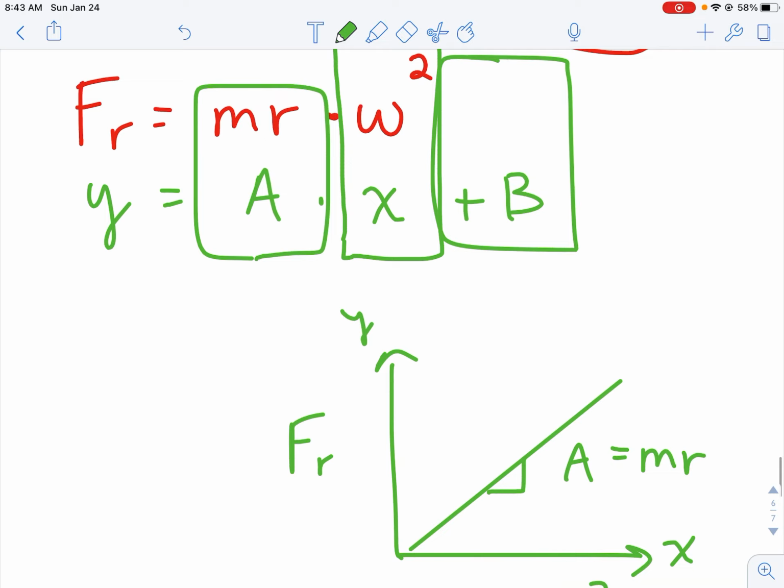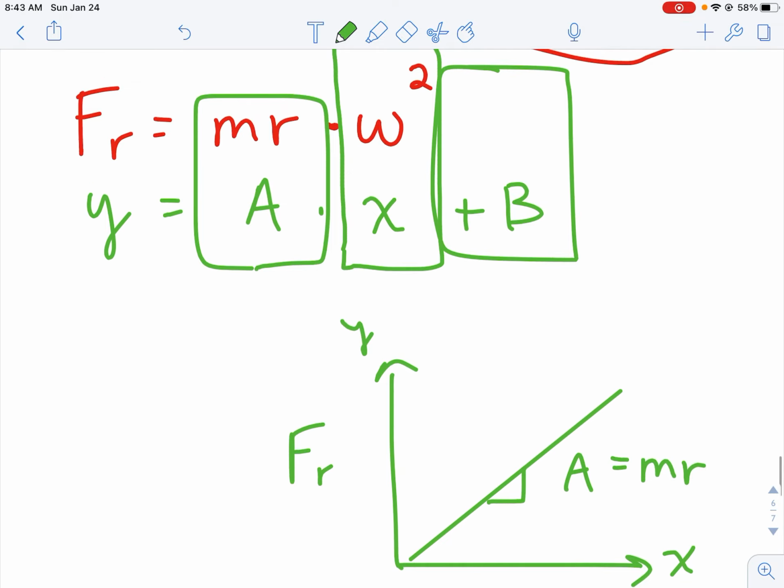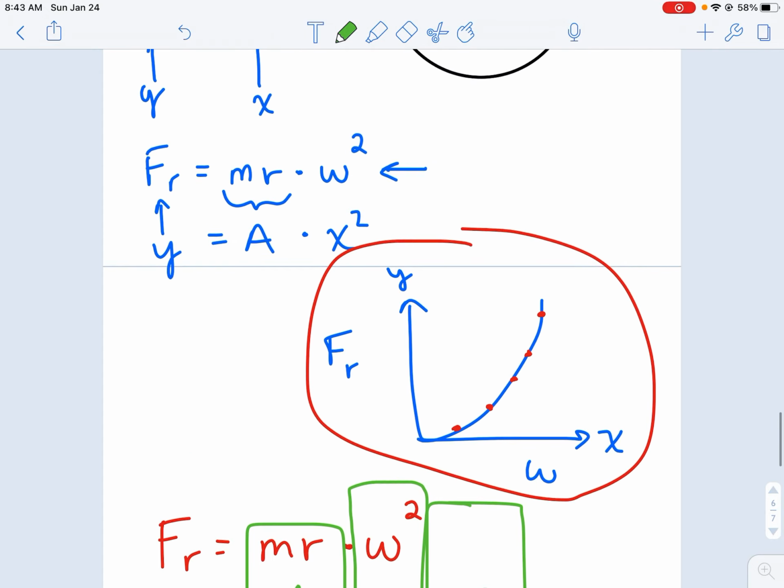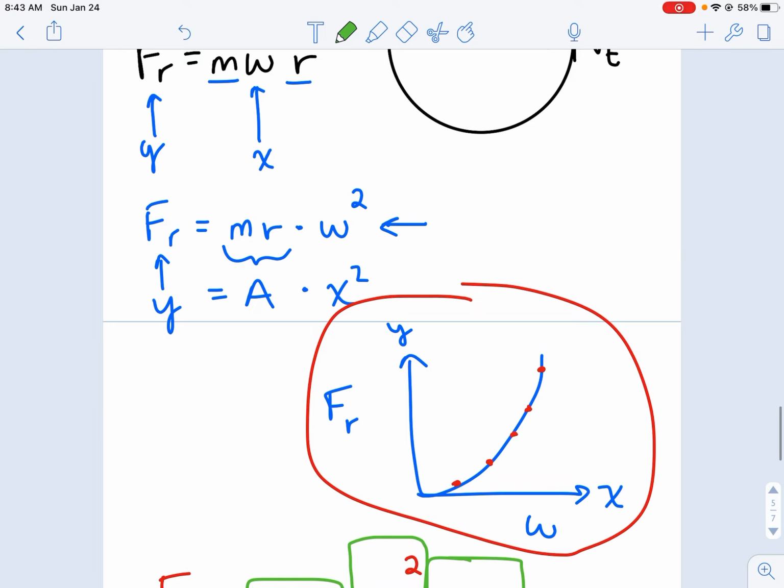Well, let's just digest this for a second, right? So if you linearize it, if you graph omega squared on the x-axis, you should get a linear graph. Now, I made a mistake up here on the previous graph.